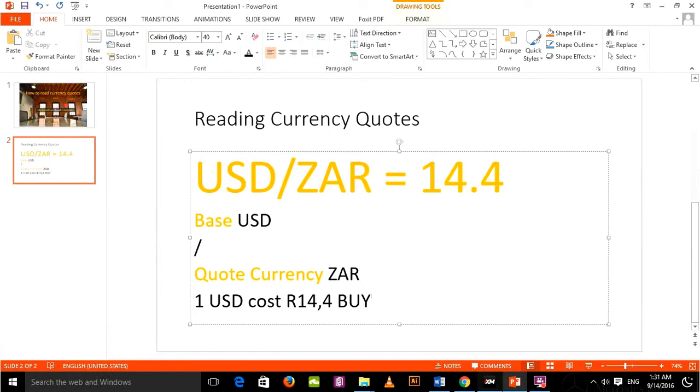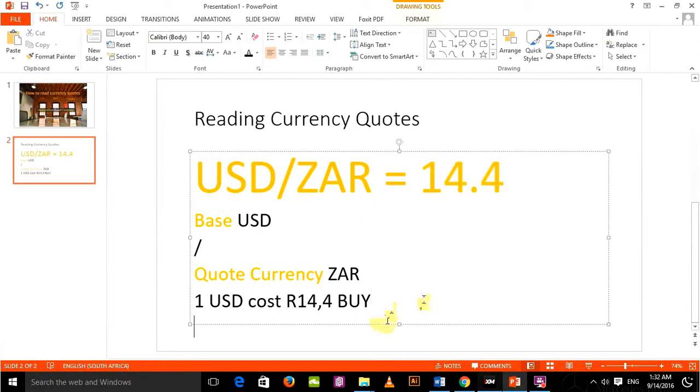Remember that forex is buying and selling of currency pairs. So what this means is that one unit of your base currency can be purchased for a quote price of 14 rands 40 cents.